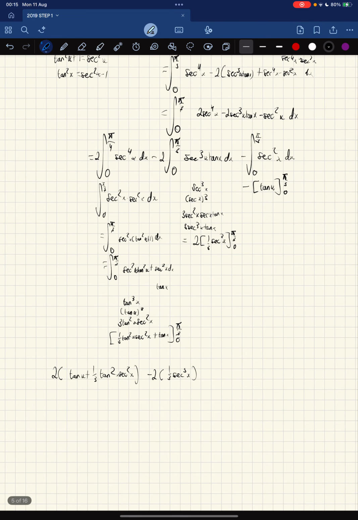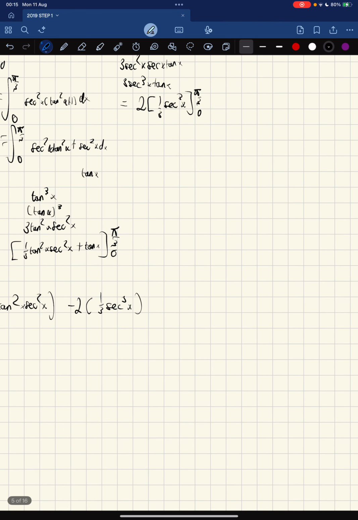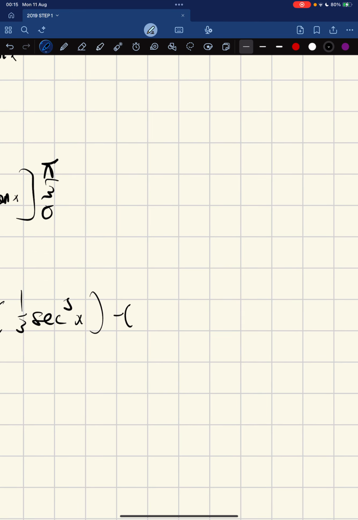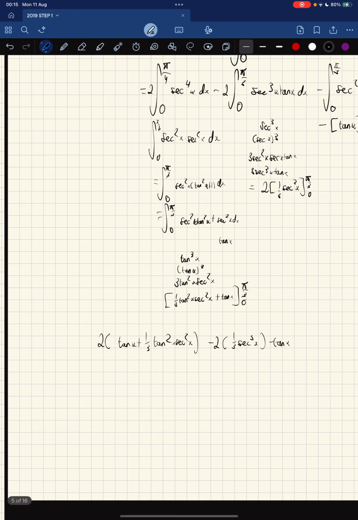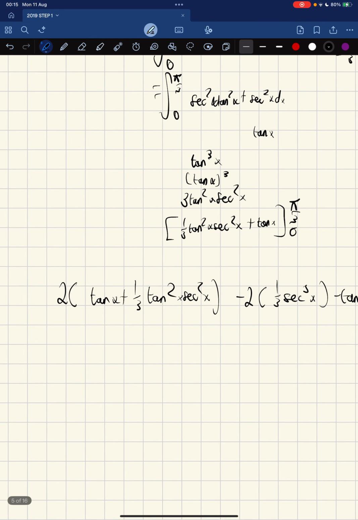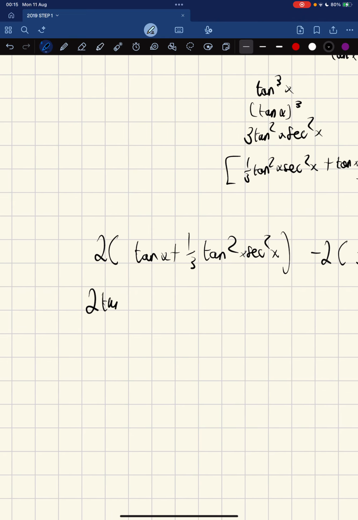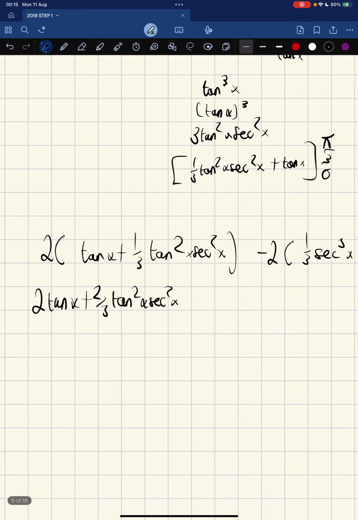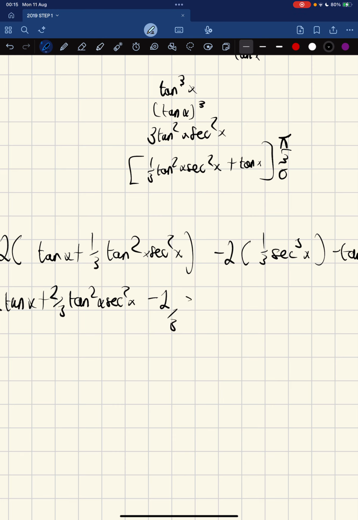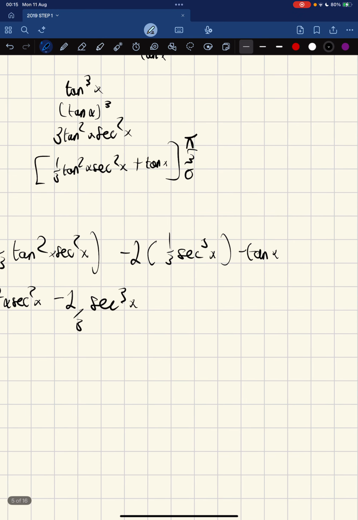And we have a minus tan of x. And we're not going to evaluate this yet, right? So simplify this down, expanding the brackets, we get 2 tan x plus 2/3 tan cubed x minus 2/3 sec cubed x minus tan of x.